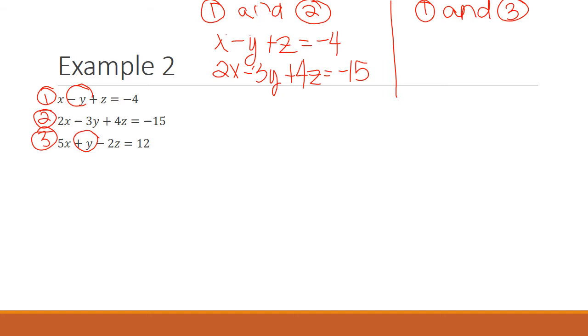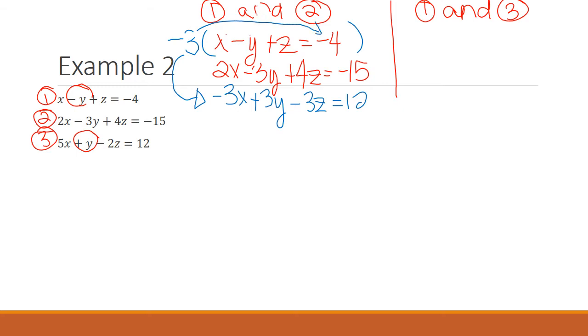So if I want to eliminate y, I'm going to multiply this top one by a negative 3. And that's because I want my y's to be opposite. So this one will become negative 3x plus 3y minus 3z equals 12. Don't forget to multiply that 3 all the way through. People tend to forget that piece at the end.